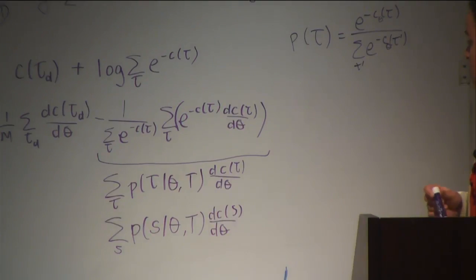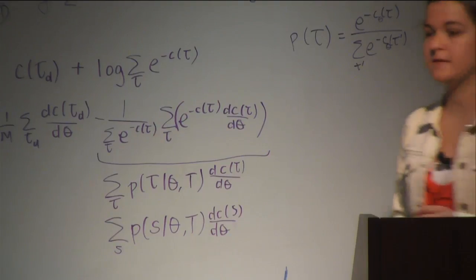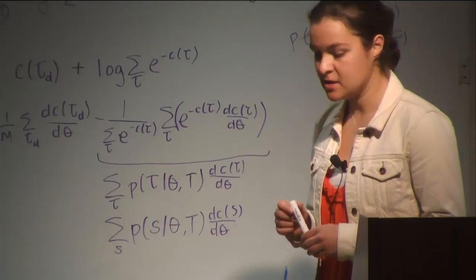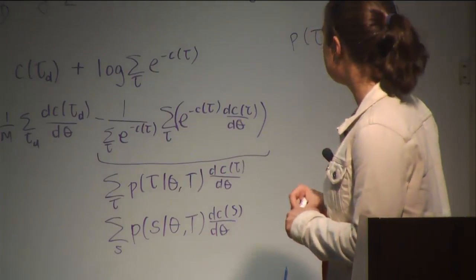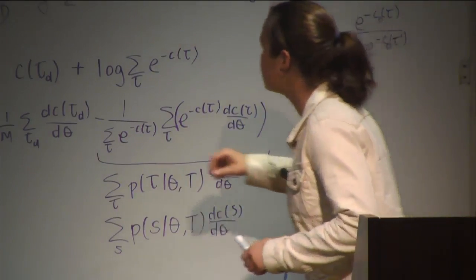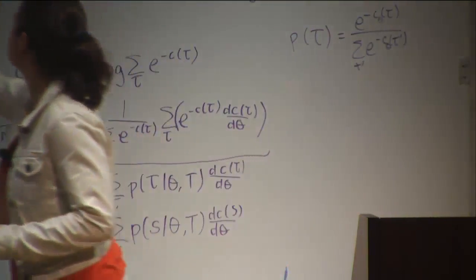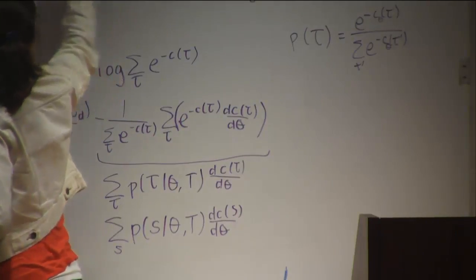Okay, so there's a way to compute the state visitation frequencies using a dynamic programming algorithm. I need some more whiteboard space, so I will erase this. I'm going to keep up the objective for now.